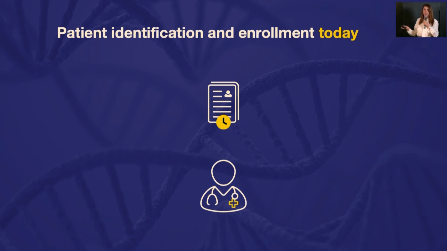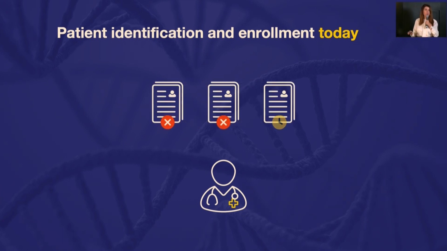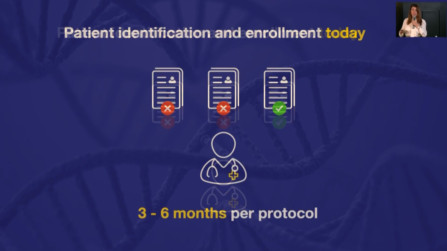How are investigators currently working in hospitals? They manually go document by document, folder by folder, through all patient dossiers and documentation. That happens manually, and it takes time, 3 to 6 months per protocol, even more, depending on the complexity of the protocol.